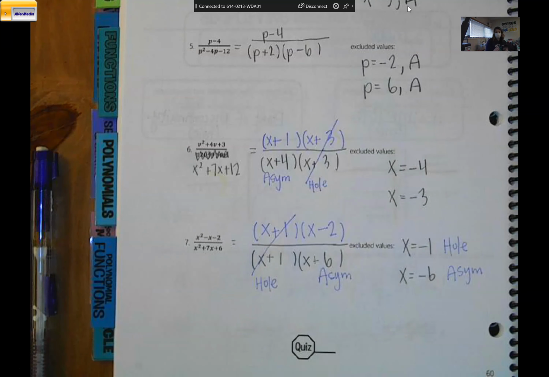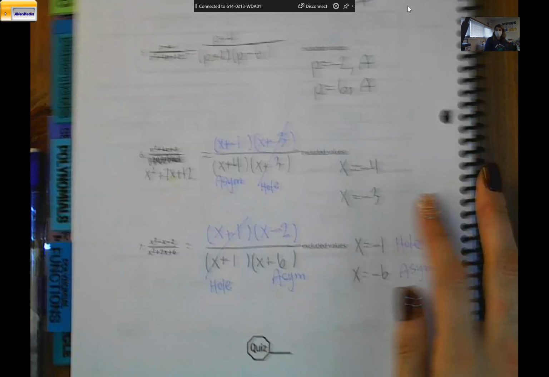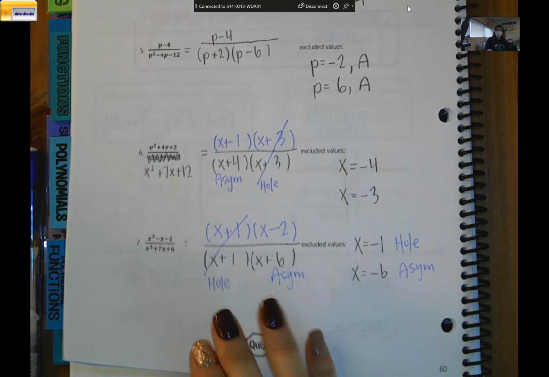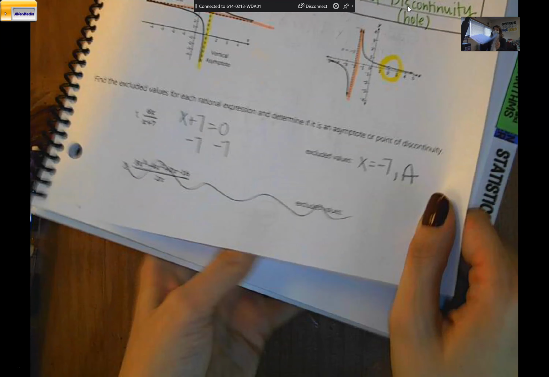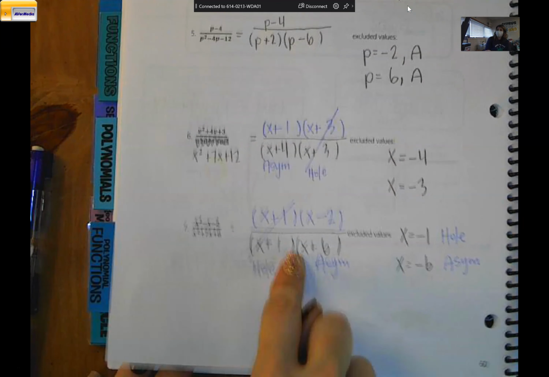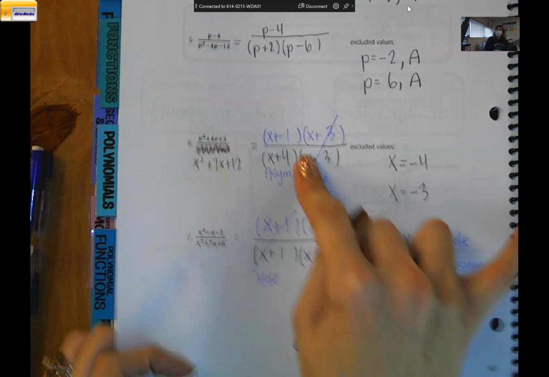So the biggest takeaways before you start practicing this in your quiz is that you start at the bottom. Remember, in all of these problems, we found the excluded value first. We went in and found the denominator.